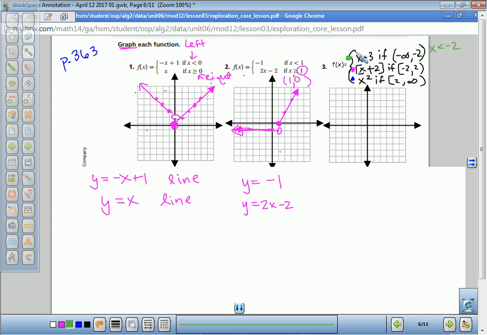So this is a line, but this line has a starting point where x is -2, and it goes left. Negative infinity is to the left. So if I plug in -2, the starting point for this part of the line, -2 plus 3 is 1. It starts at (-2, 1), open circle, because it's not a bracket.